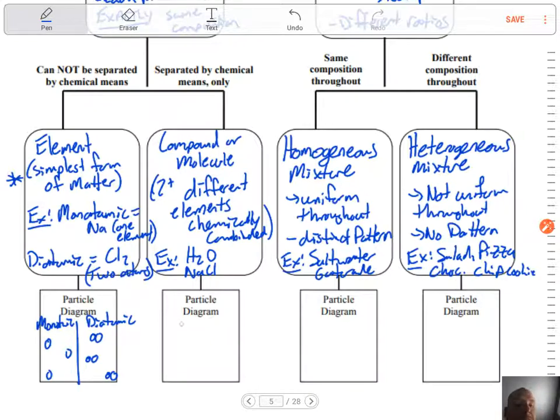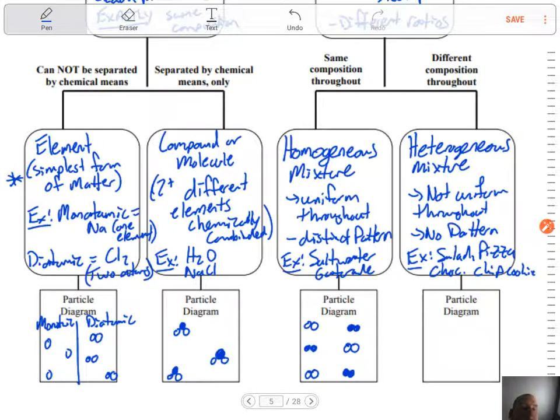Well, if we have a compound, you're going to have two different atoms with it. So we can do something like this, maybe like H2O, where your O would be that blue dot, and then the two H's would be your white circles. If we talk about homogeneous mixture over here, okay, we've got something that looks like this. Notice how it's a pattern throughout when we look at the particle level. Now, is it always this simple? No. Okay, but we're going to try and keep it as simple as possible in this class.